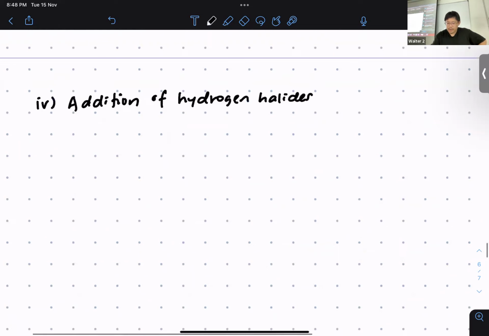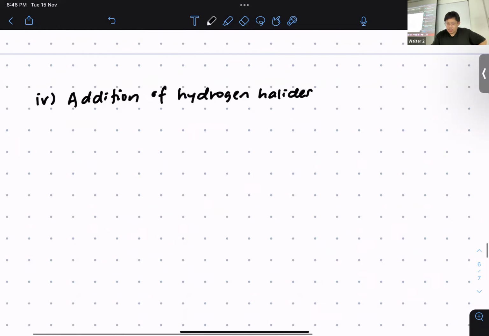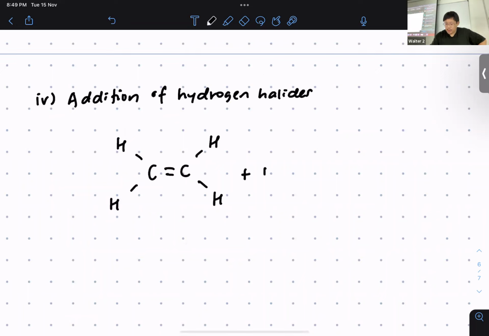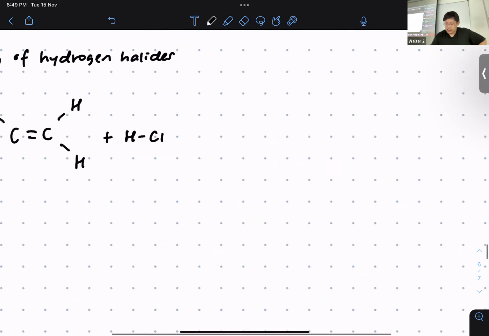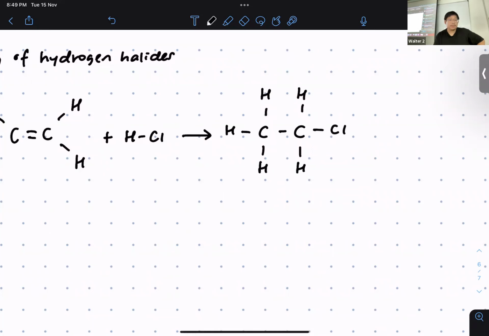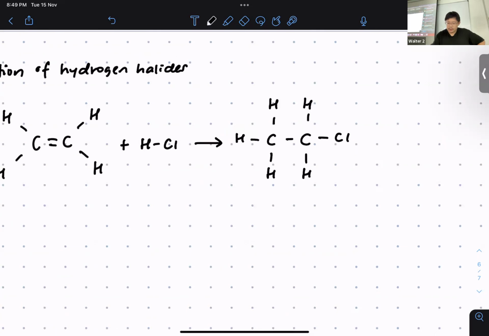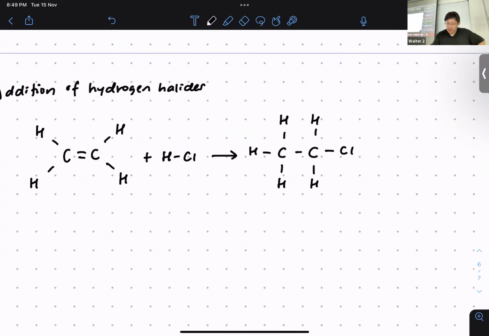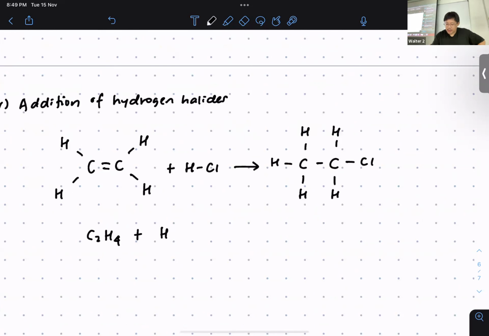So for example, we have ethene reacting with hydrogen chloride. After that, you'll get chloroethane. So you get C2H4 plus HCl.